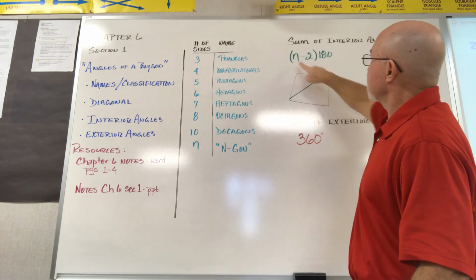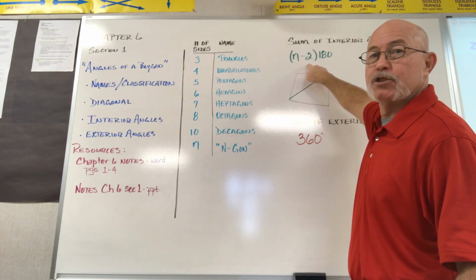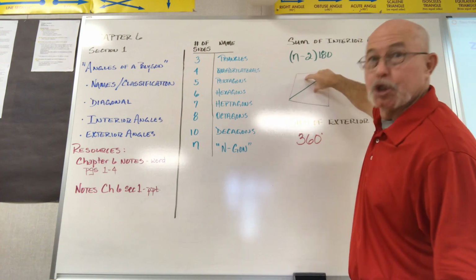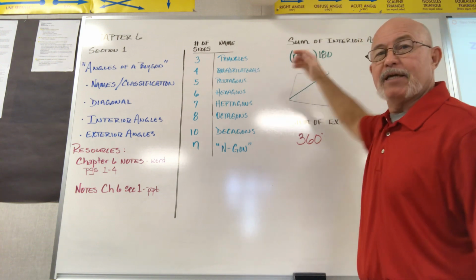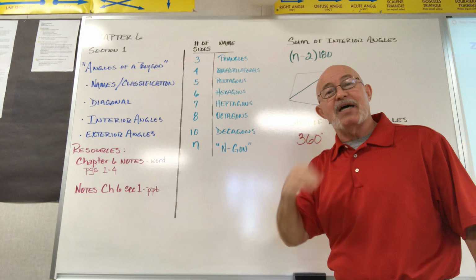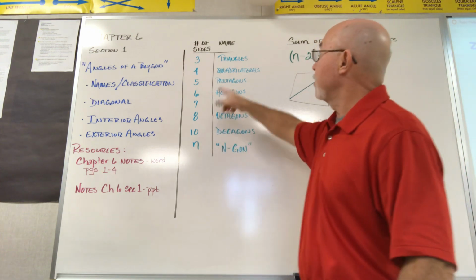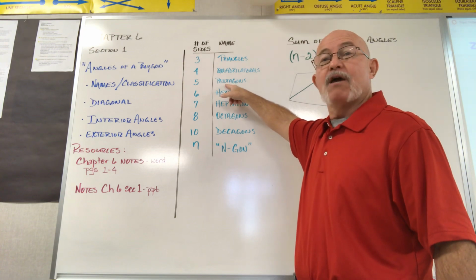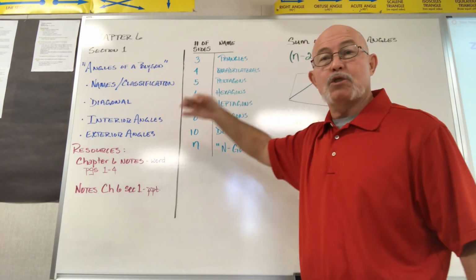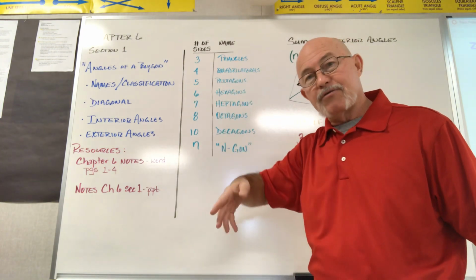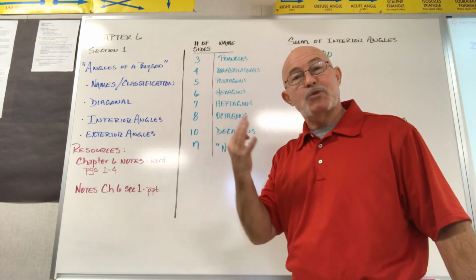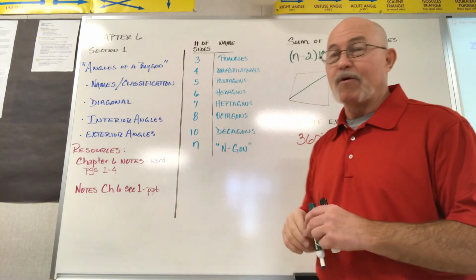So, 4 sides, 4 minus 2 is 2, times 180. What this formula does is count the number of triangles for you. If you think about it, 5-sided, 5 minus 2 is 3. When you draw the diagonals, it creates 3 triangles. Kind of cool.